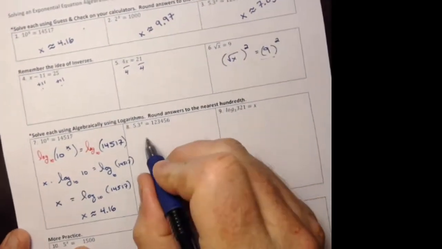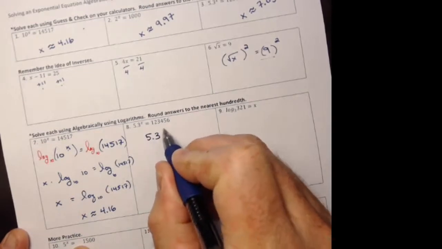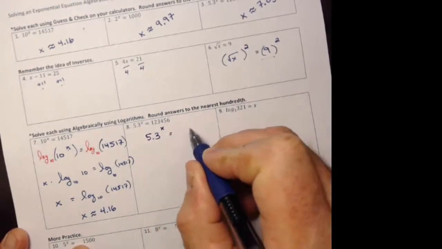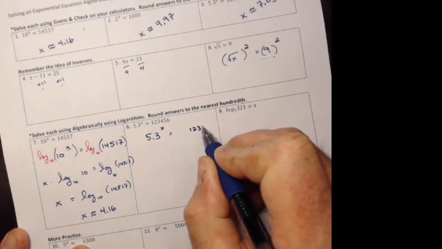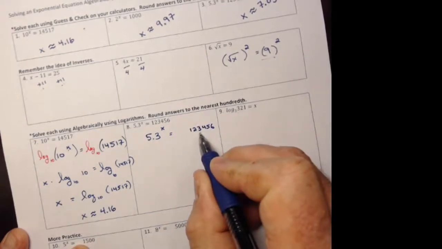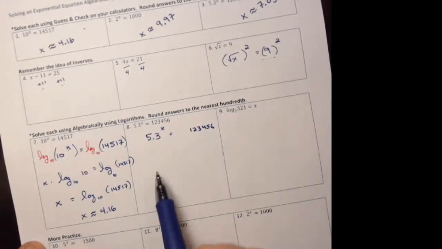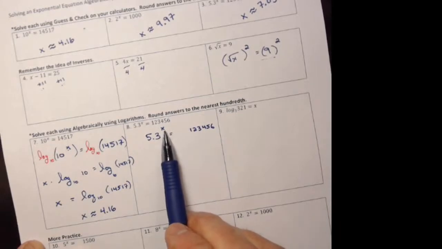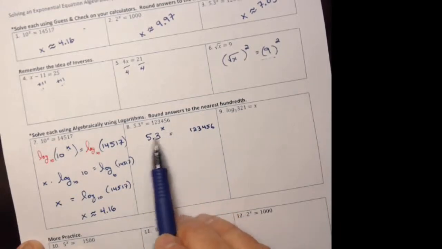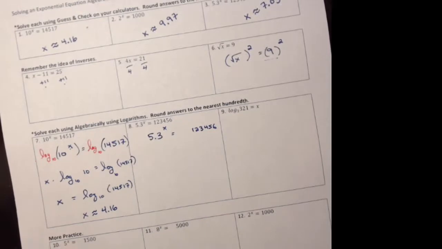Okay, so I'm just going to rewrite this. 123,456. So undo that exponent, take the log base 10 of both sides, and go from there. Take a minute and pause that. Really, pause it. If you're just still staring at the video, you're not being active, pause it, and then we'll talk more about it. All right, good job.